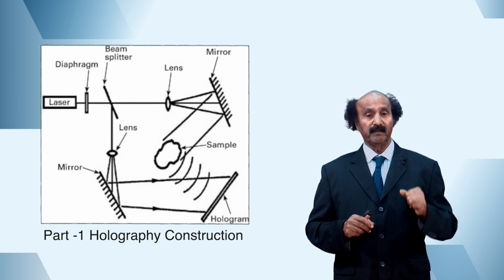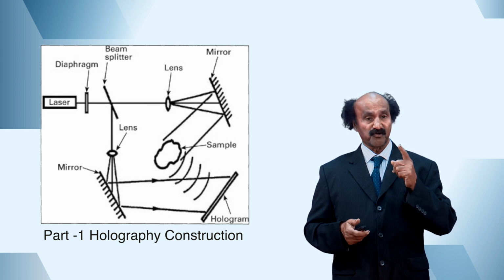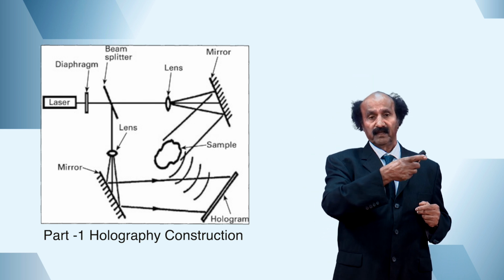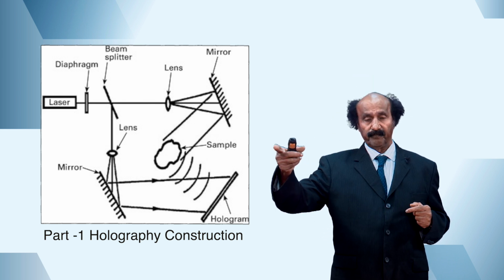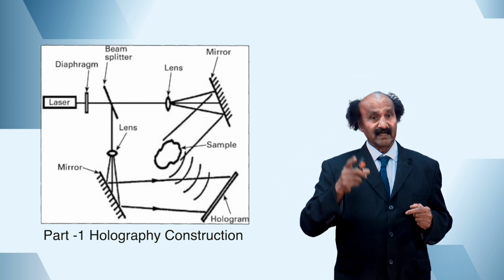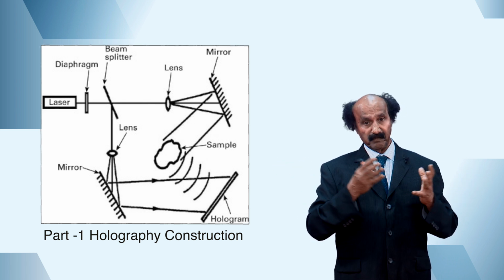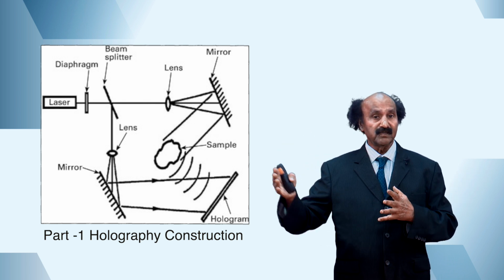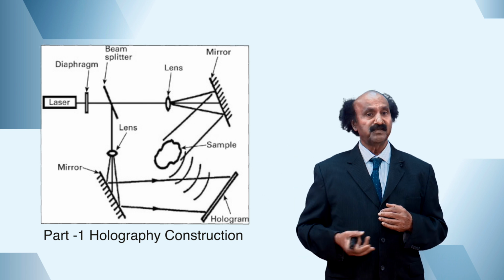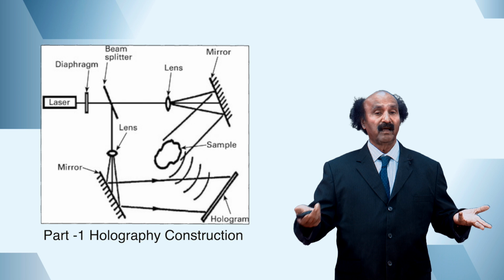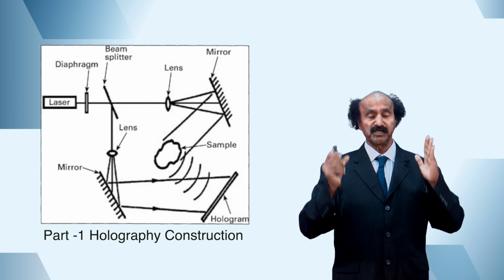There is another beam, which is 5 times stronger, which falls on the mirror on the top. Then again it goes in a straight line. You have another lens, which expands the laser beam, and this beam falls on an object. The object can be anything, your mobile for example, anything which is stationary.